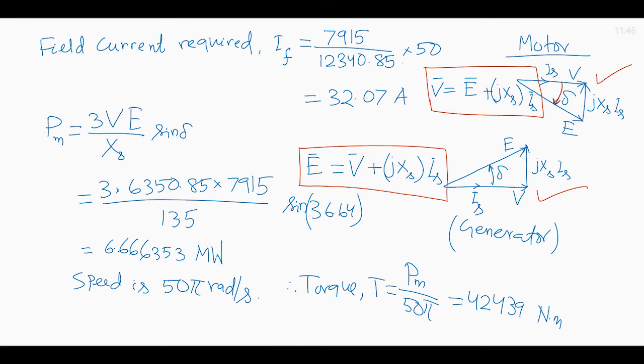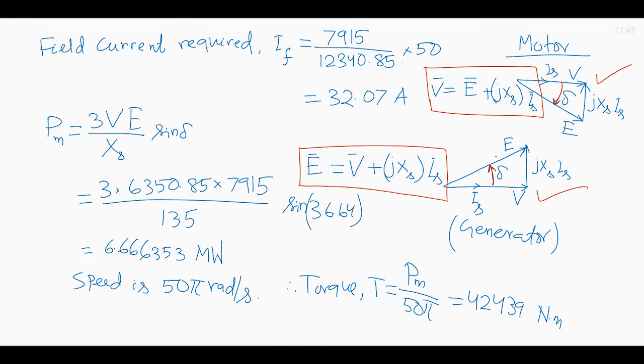So, this is the negative delta. So, it corresponds to motor sign convention also, because it is in the opposite direction, delta is negative. So, for generator, power is negative and delta is negative. So, load angle delta magnitude is shown here, and it is in the opposite direction.